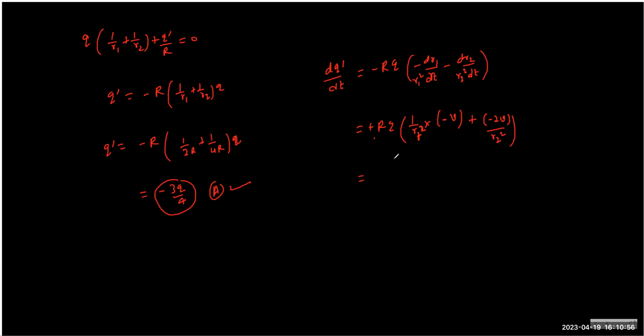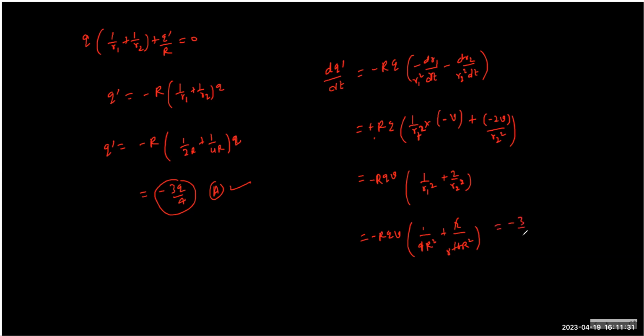They are asking the value only in magnitude, but anyway. Let's substitute the values. V into 1 by R1 square, how much? 4R square. 16. 3 by 8, no?